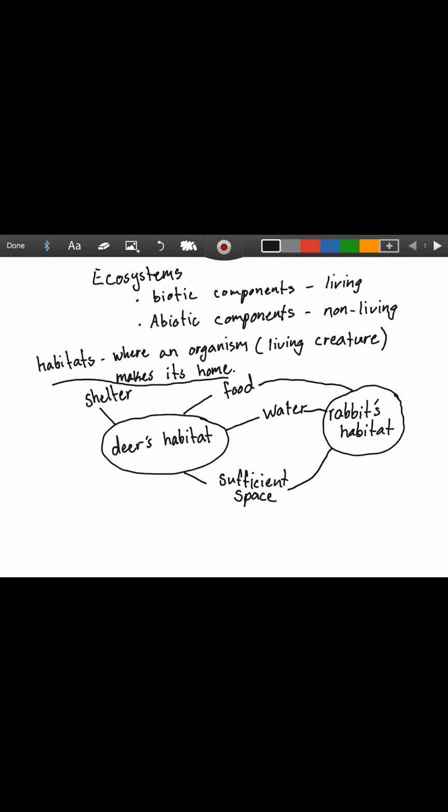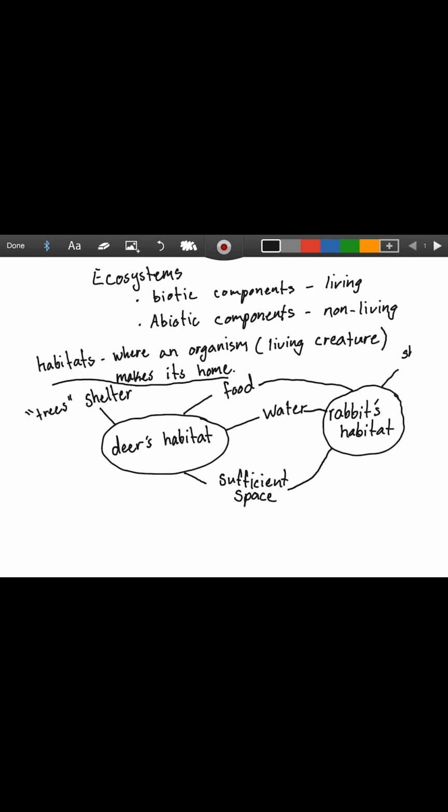All right, let me see. Shelter, maybe not so much. A deer moves around a lot. A deer is a larger animal. A deer may need something like trees, so let me write down trees over here. And a rabbit is smaller.